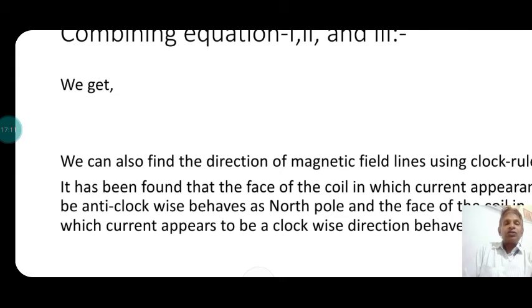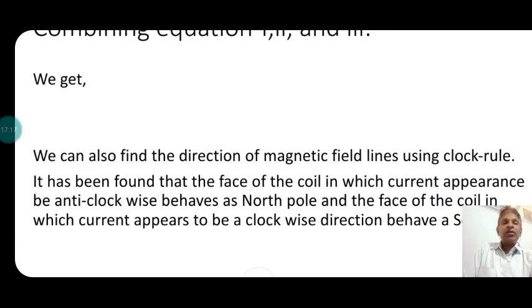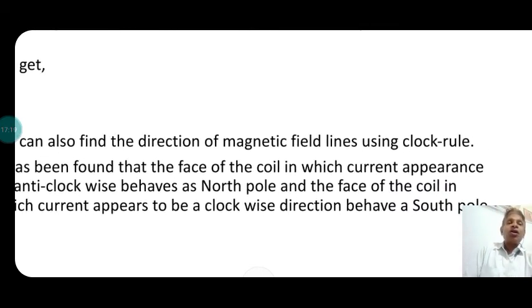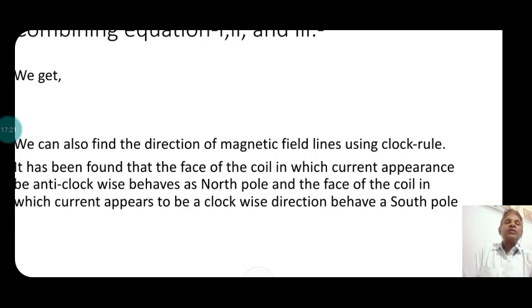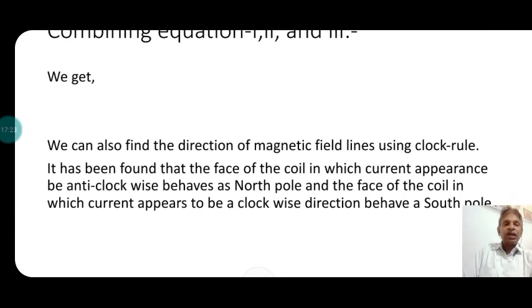We can also find the direction of the magnetic field using the clock rule. Here the clock is very important for finding the direction of the magnetic field in the coil.